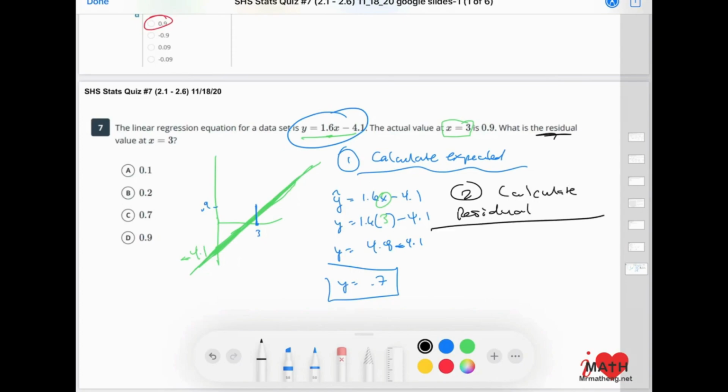Well, you have a formula, right? The formula is the residual is equal to the actual minus the predicted. Okay, so our actual is 0.9.